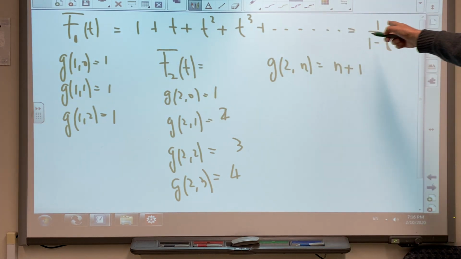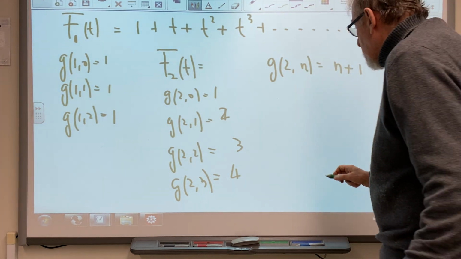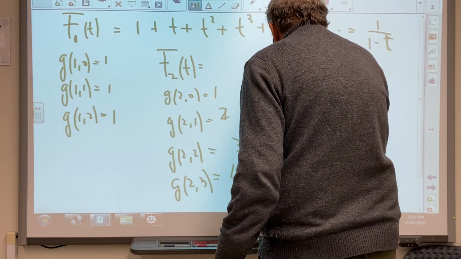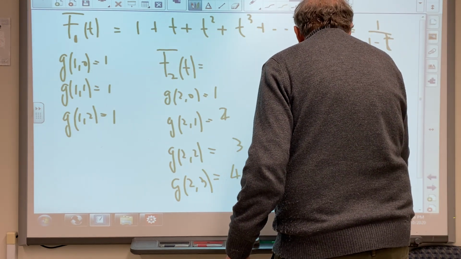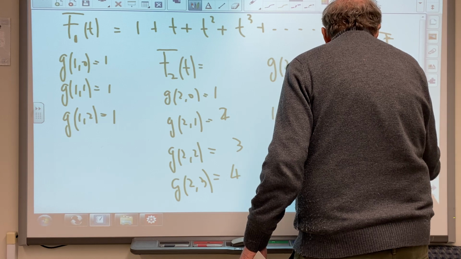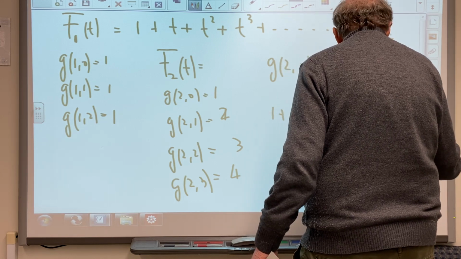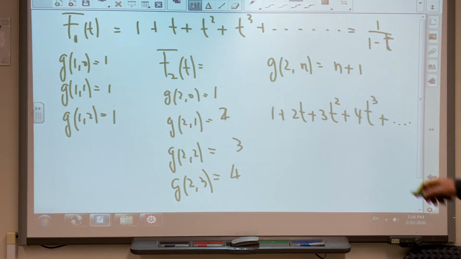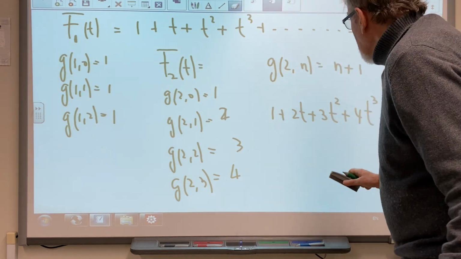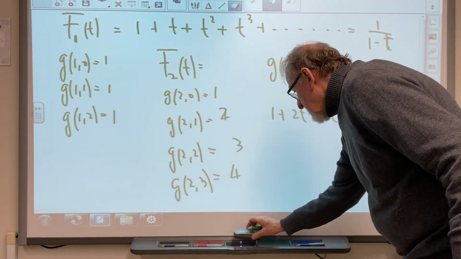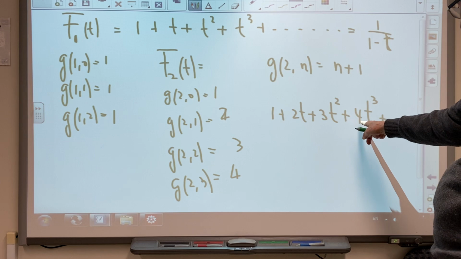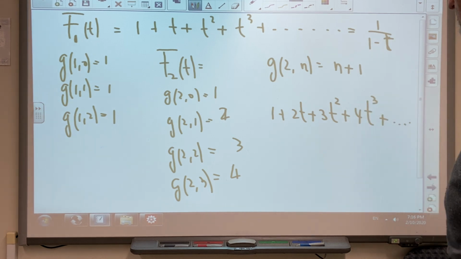So this sum that I have to do now will be 1 plus 2t plus 3t squared plus 4t cubed plus etc. So n plus 1, yes, 4 with t cubed and 5 with t to the fourth.